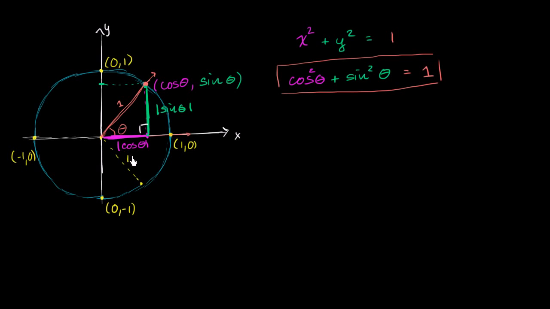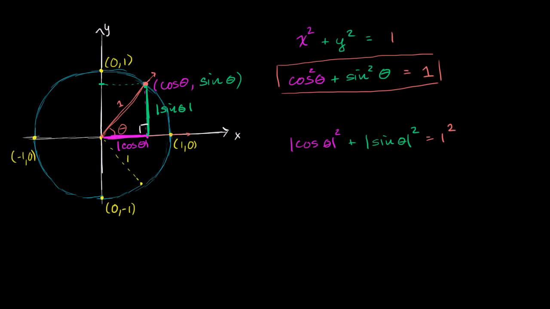And so what do we know from the Pythagorean theorem? This is a right triangle here. The hypotenuse has length 1. So we know that the absolute value of cosine of theta squared, plus the absolute value of the sine of theta squared, needs to be equal to the length of the hypotenuse squared, which is 1 squared. Or we could say this is the same thing, because if you're going to square something that's negative, it's a negative times a negative, so it's just going to be positive.